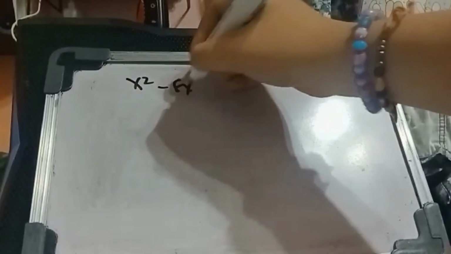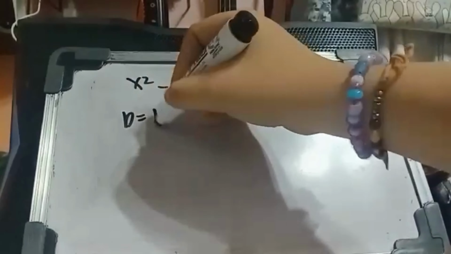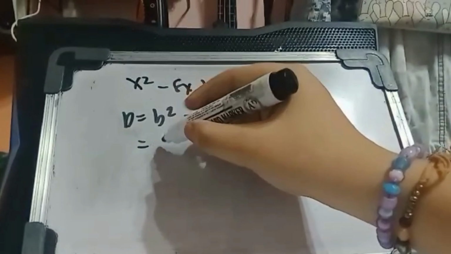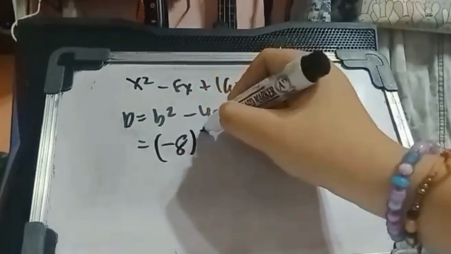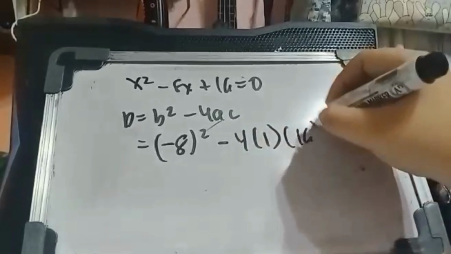So, the next example. x squared minus 8x plus 16 is equal to 0. Diretso na tayo, b squared minus 4ac. So, magiging negative 8 squared minus 4, 1, 16. Wow.